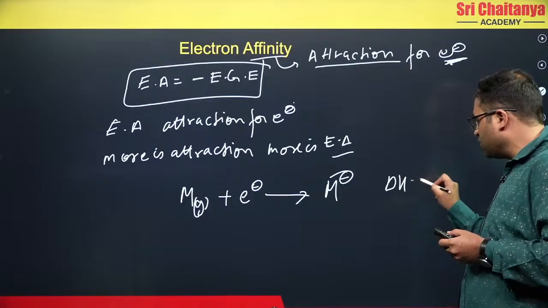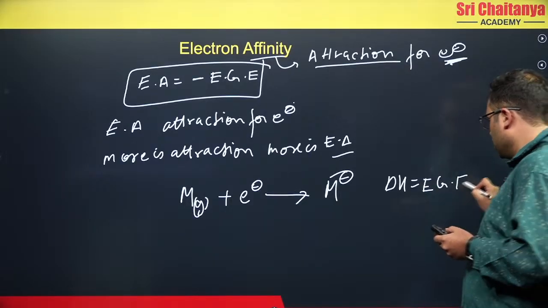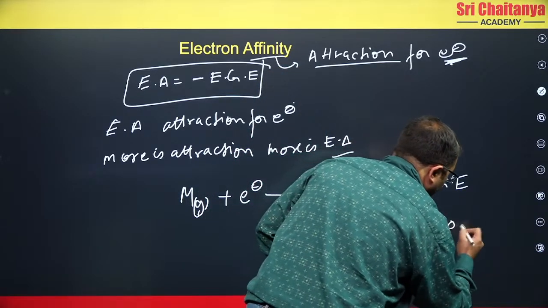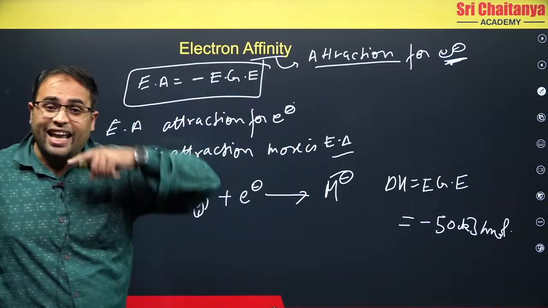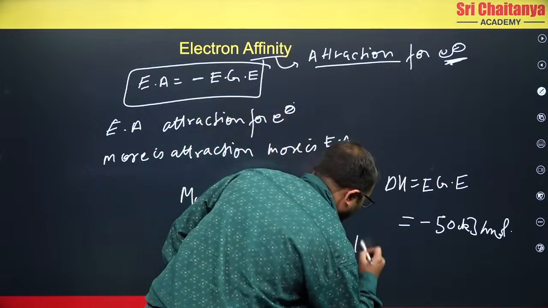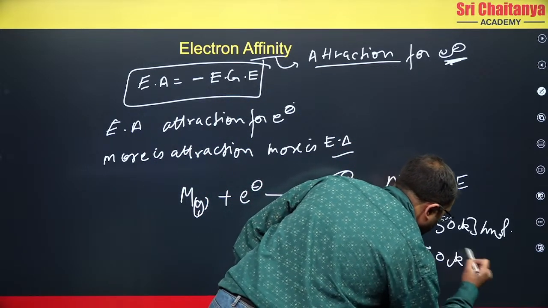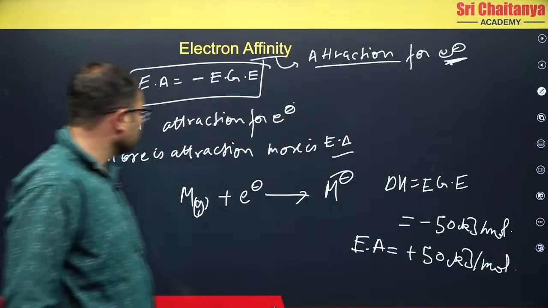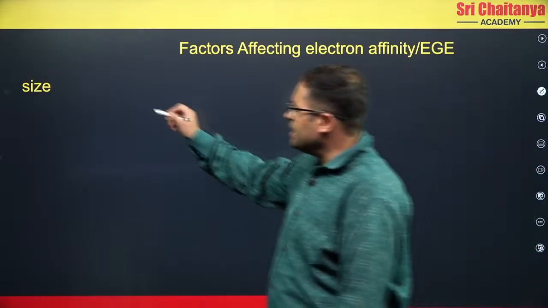The enthalpy change for this is the electron gain enthalpy. Suppose this electron gain enthalpy is around minus 50 kilojoules per mole. If I ask you the electron affinity, you will write that it is plus 50 kilojoules per mole. Got it?